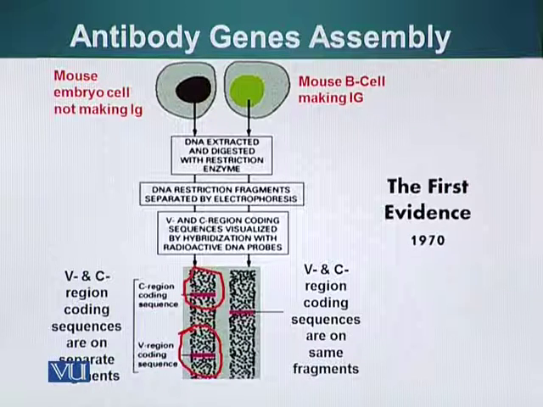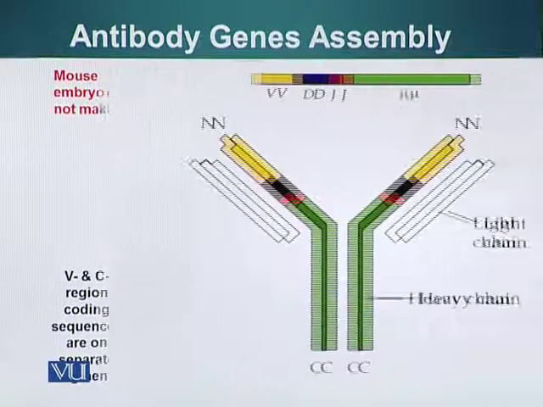These two domains are separate. When digested, they appeared in separate DNA fragments. However, in the DNA from a mouse cell which was making an immunoglobulin molecule, these two regions were present on the same DNA fragment, implying that somehow these fragments have been moved closer together. They have joined together.